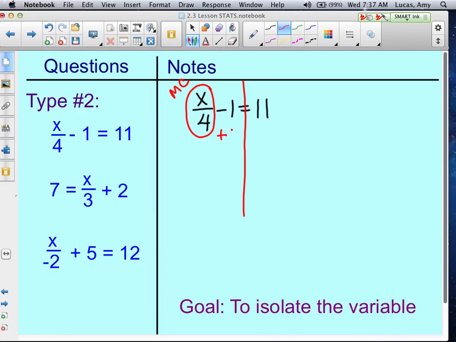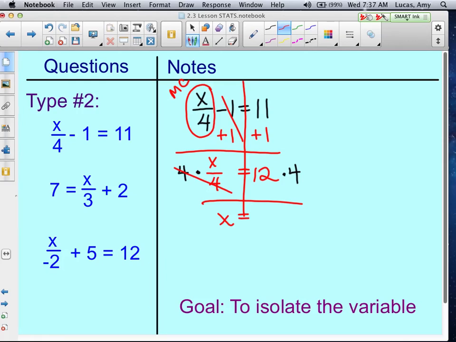So I'm going to have to add 1 to get rid of the minus 1 that was on the same side with my variable. Now, my one-step equation is a fraction. To get rid of the 4 when it's a fraction with the 4 on the denominator, it means it's being divided, so we have to multiply. So if we multiply, we get x equals 48 for our solution.